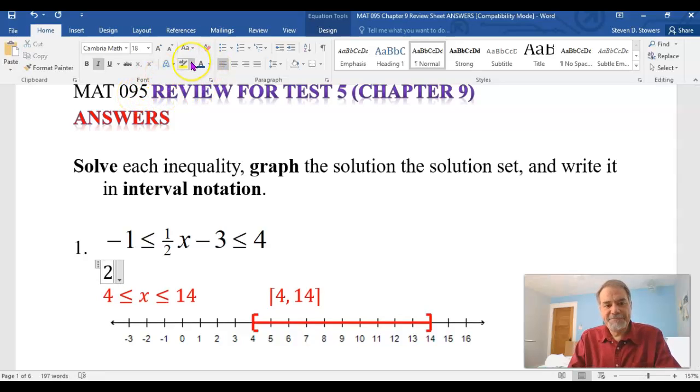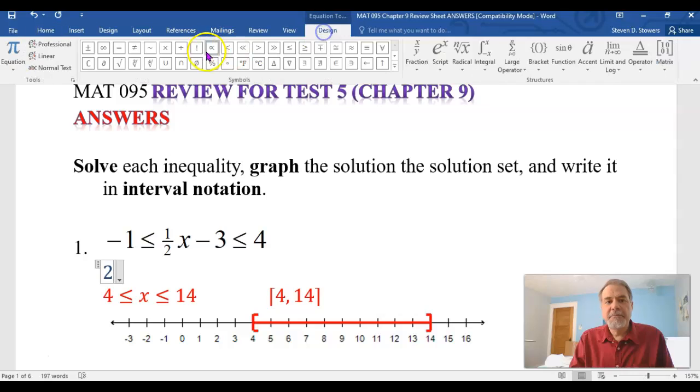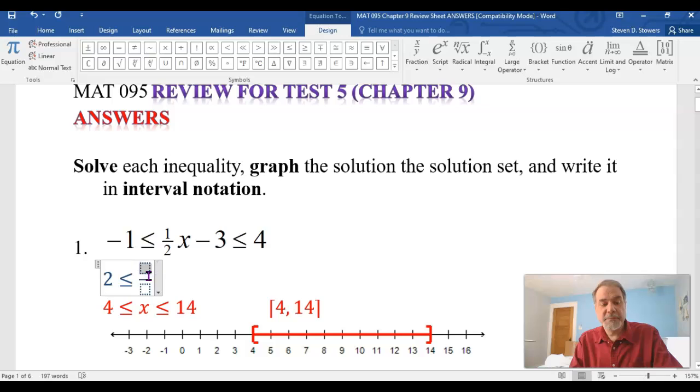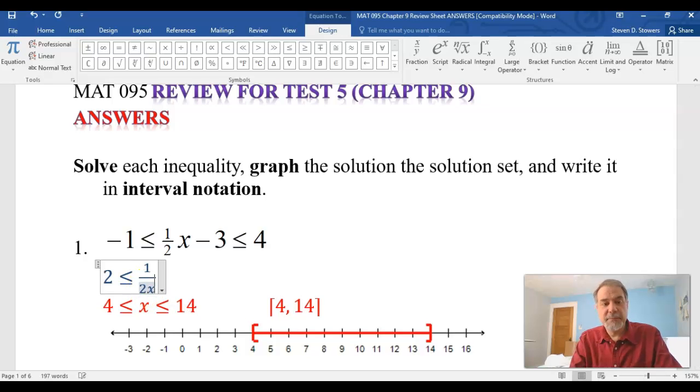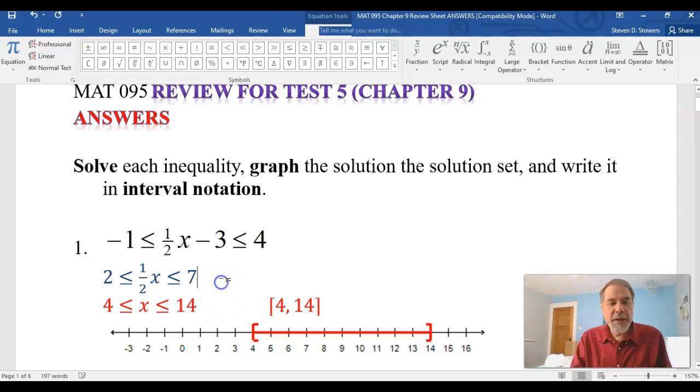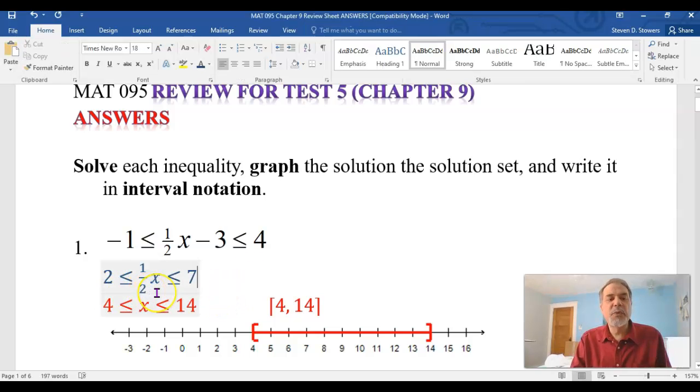There. 2. And then in the middle, 1/2 x minus 3 plus 3 is just the 1/2 x. And then the 4 plus 3 is 7. So now we have 2 is less than or equal to 1/2 x is less than or equal to 7.